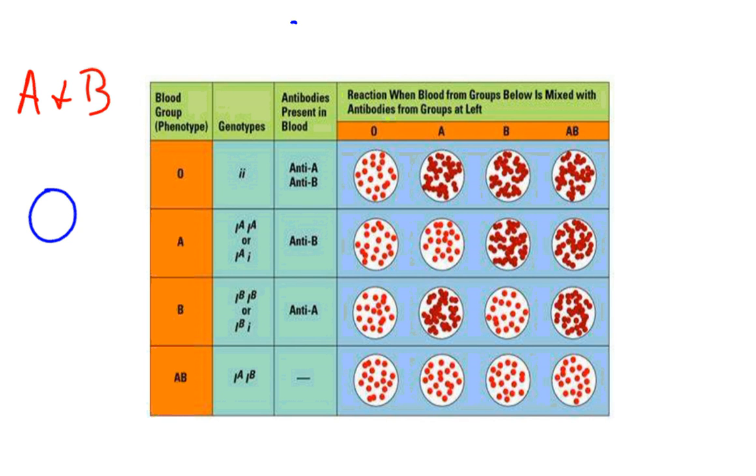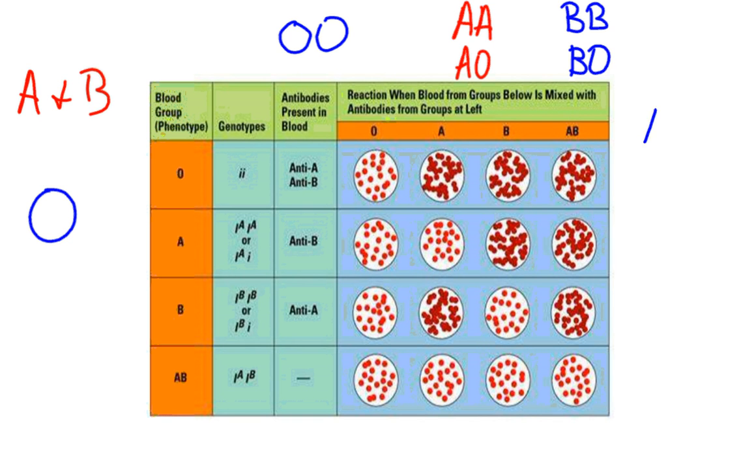So a person who has O is actually OO. Both the alleles are O. A person that has A can be AA or AO, right? Because O is recessive. A person who has type B blood has BB or BO, and then a person who has AB obviously has AB. And so you'll see crosses with blood types as well.